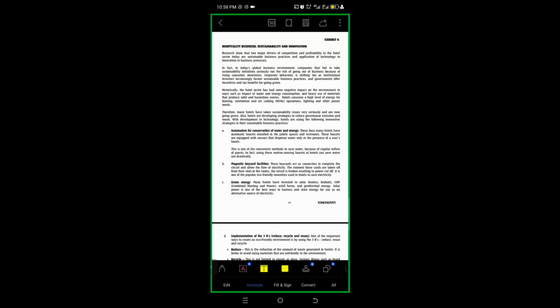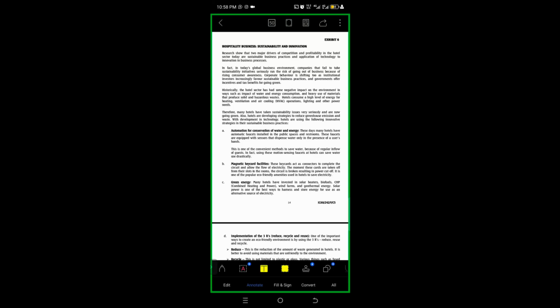Historically, the hotel sector has had some negative impact on the environment, such as water and energy consumption and the heavy use of materials that produce solid and hazardous waste.